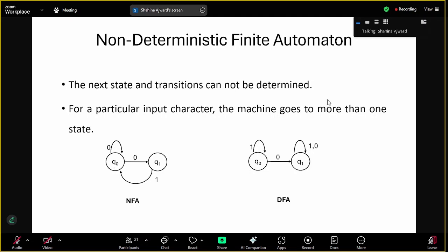It is not defined. If you go to Q1, when the input symbol is 0, it is not defined. When the input symbol is 1, it moves to Q0. So this is the difference between NFA and DFA. I think it is clear for you.